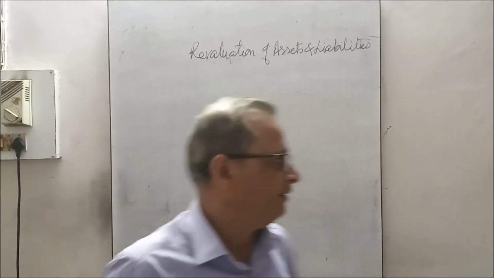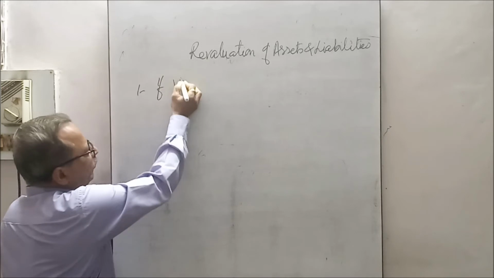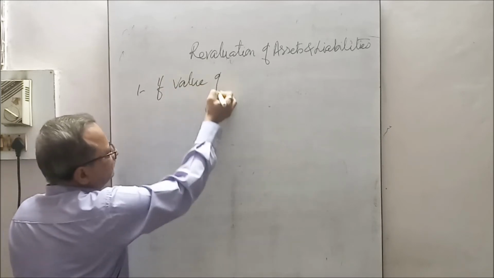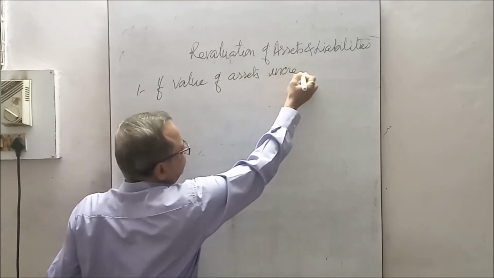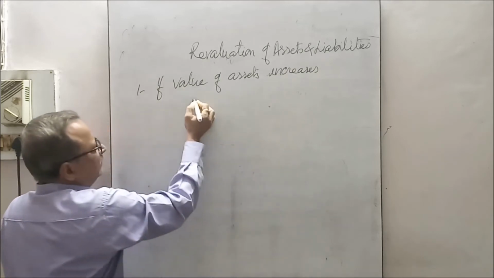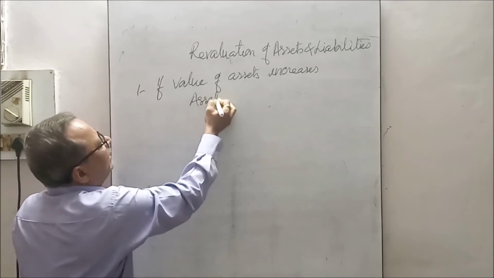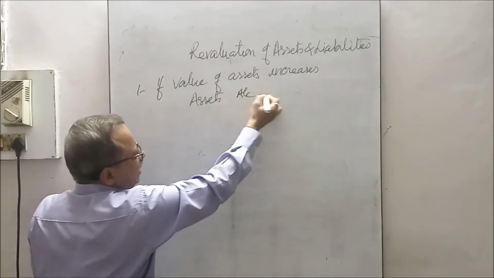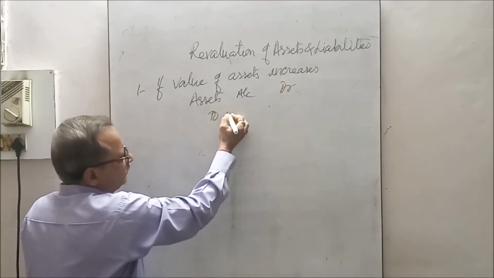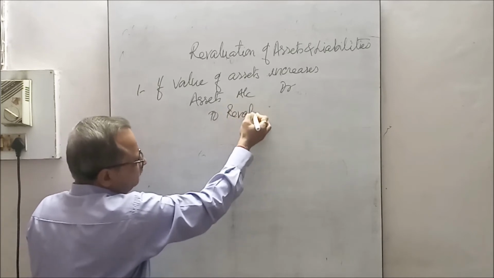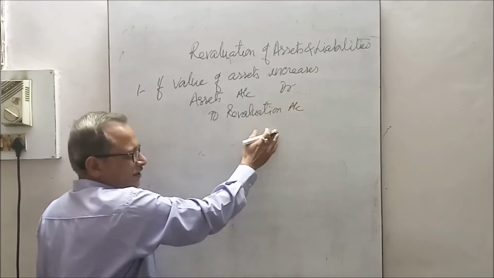You see it here. Very first entry, if value of assets increases, as the asset value is increasing, that concerned asset account is debited to revaluation account, or you can write profit loss adjustment account.